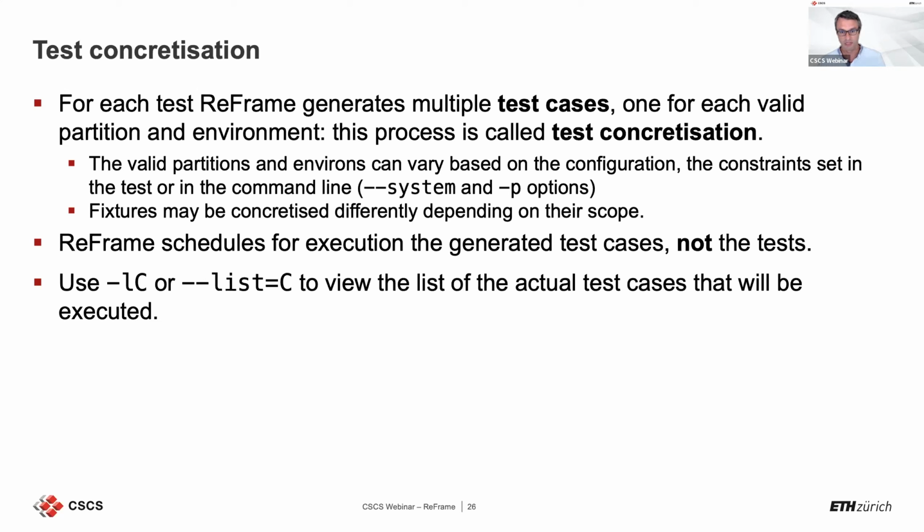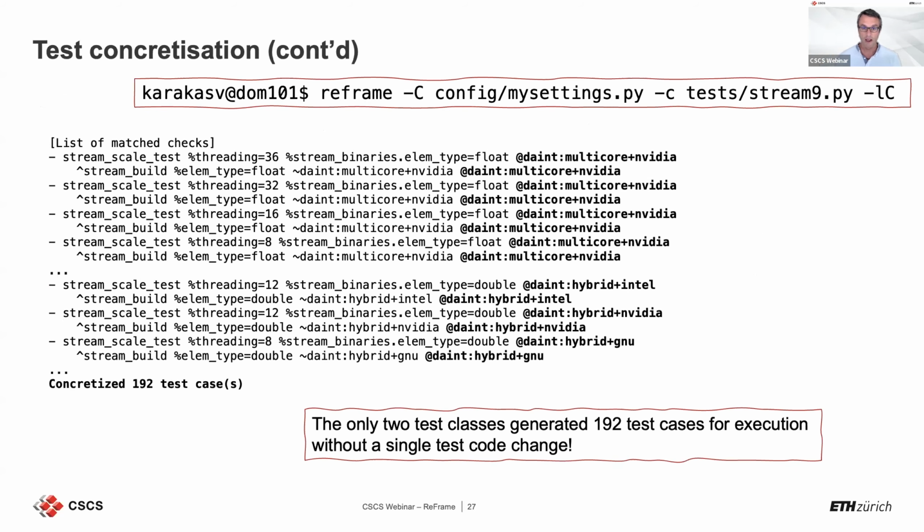As I said, ReFrame schedules test cases, not the tests. And you can see the concretized list of the test cases with the -L uppercase C option. And this shows you exactly what is going to be executed. For example, if I do that with stream9.py, I'm going to see 192 test cases, from, I don't remember how many were on my laptop, were way fewer, without even a single change.